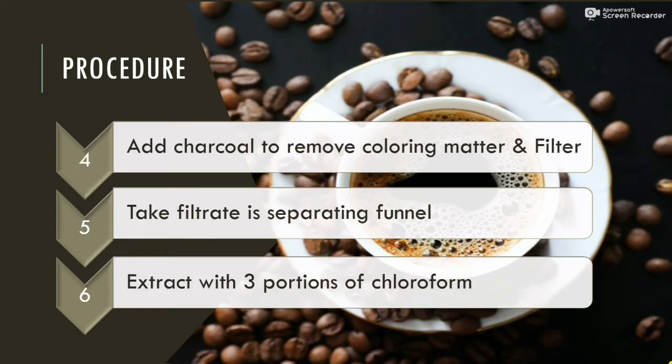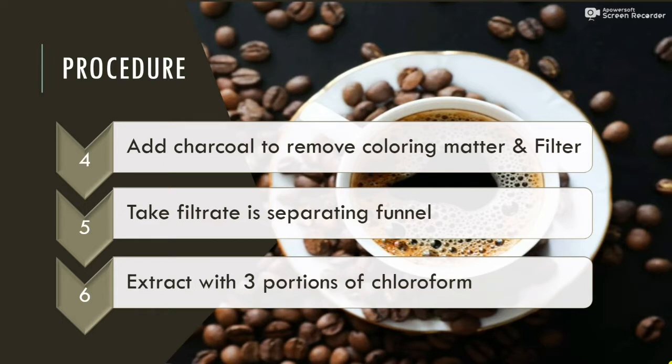Then to the filtrate, charcoal is added while heating over a burner. The charcoal absorbs the coloring matter present in the extract, and it is filtered again.